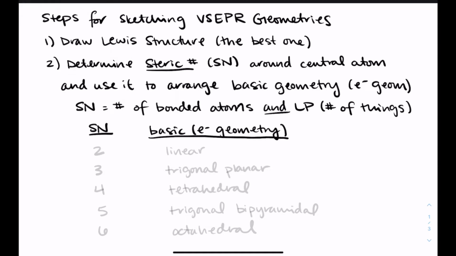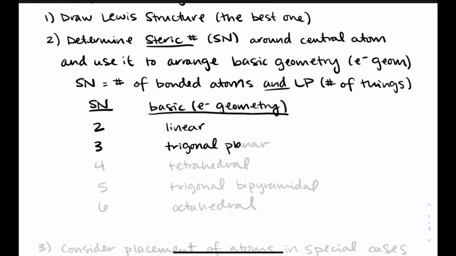For a steric number of 3, it's called trigonal planar. Steric number of 4 is tetrahedral. A steric number of 5 is trigonal bipyramidal, and a steric number of 6 is octahedral. Now this is just the basic organization of things.